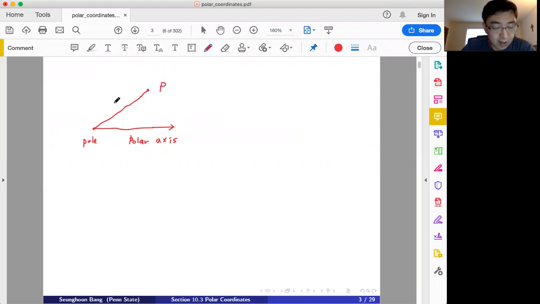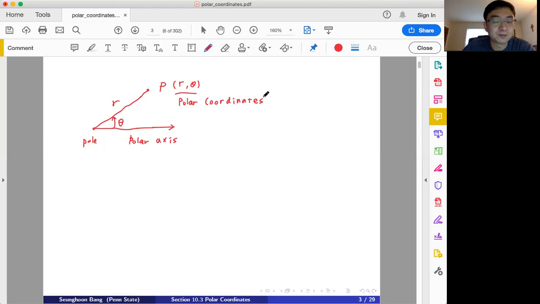You can measure the length between the pole and P. Next, find the angle theta. So we denote this as (r, theta). We call this polar coordinates.